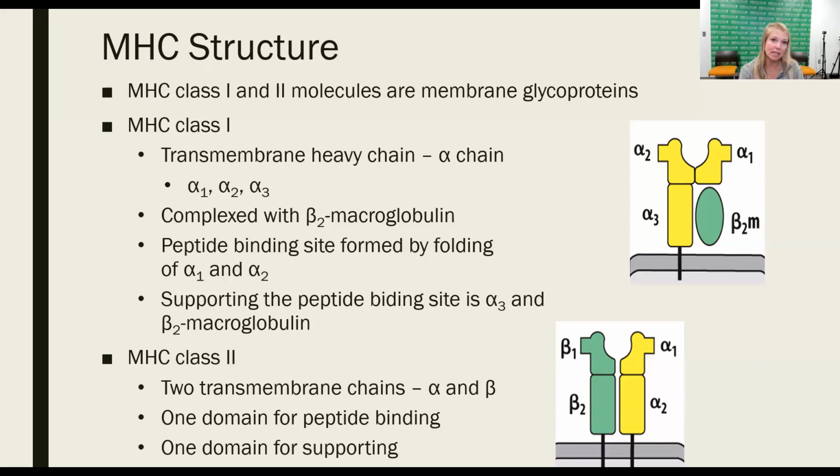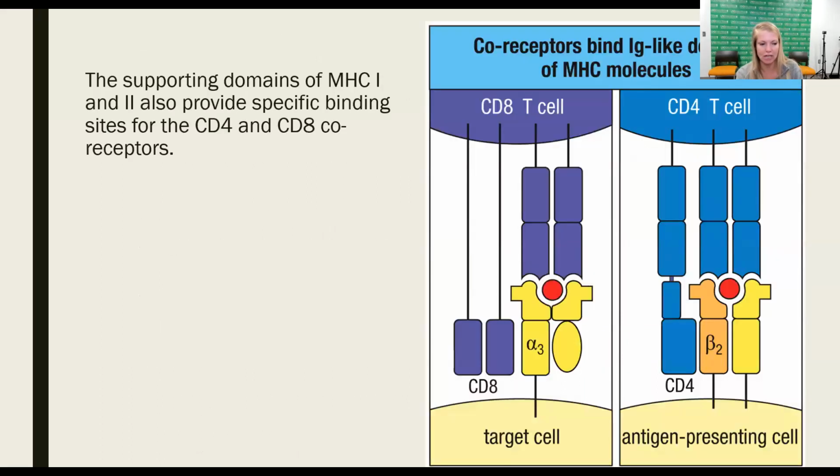Both MHC class 1 and 2 are going to have membrane spanning domains, but the important thing to remember here is that MHC class 1 is going to bind processed intracellular pathogen, whereas MHC class 2 is going to bind processed extracellular pathogen.